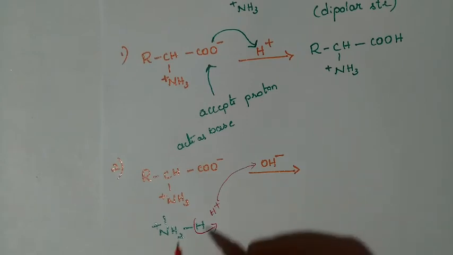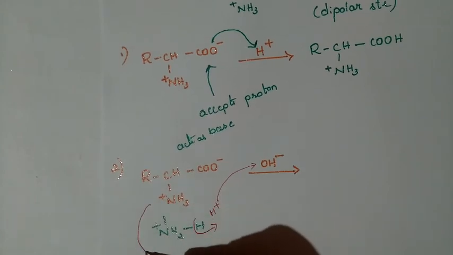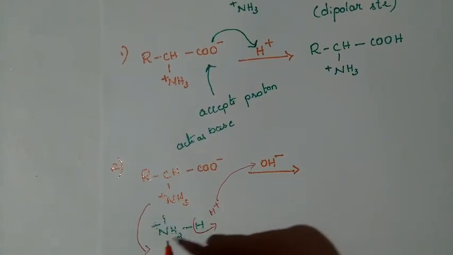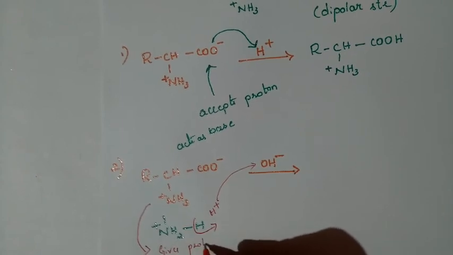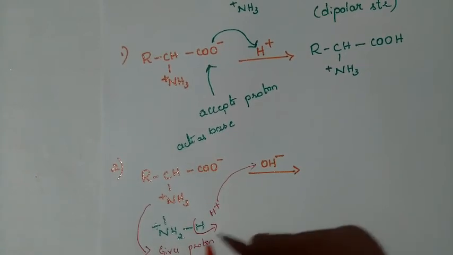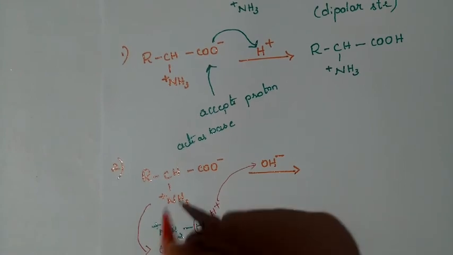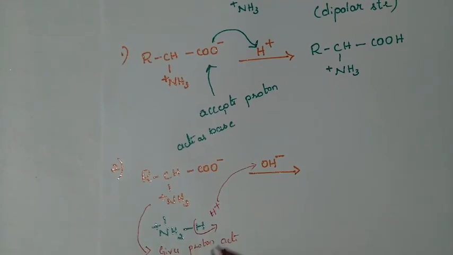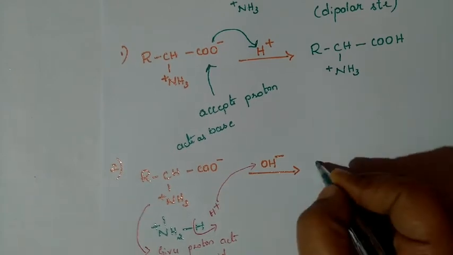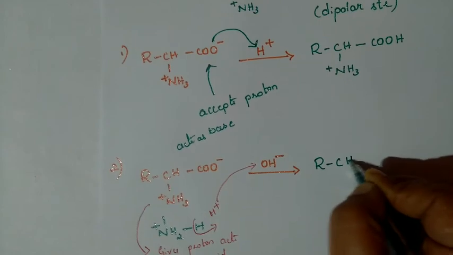So we can write: gives a proton, acts as an acid. Giving rise to a proton, so it is acting as an acid. So the product we can write as RCH.